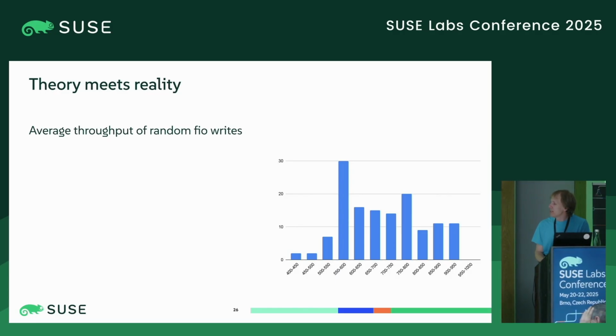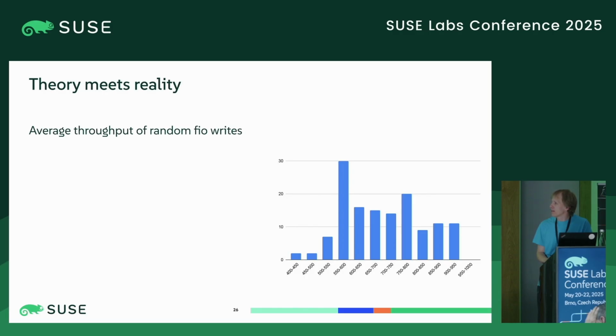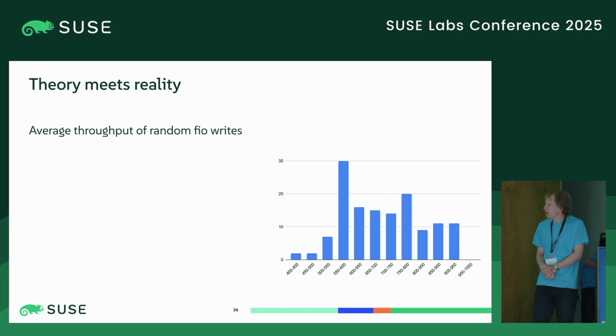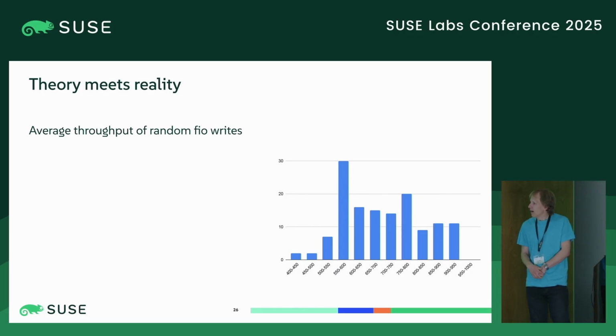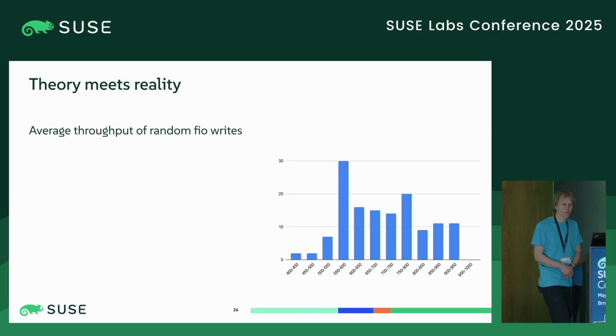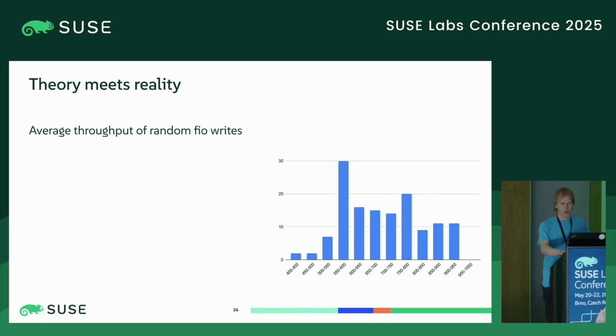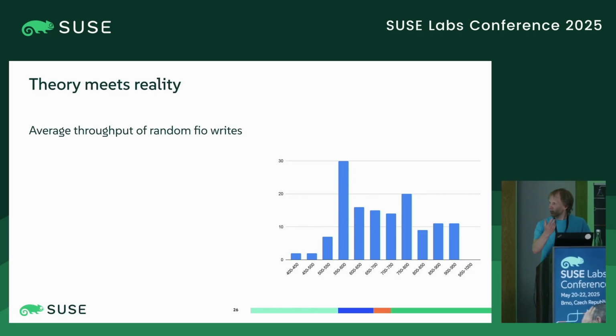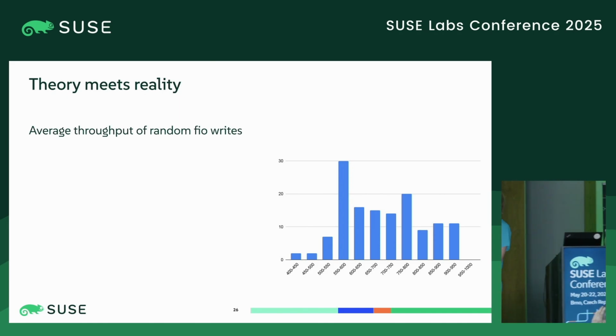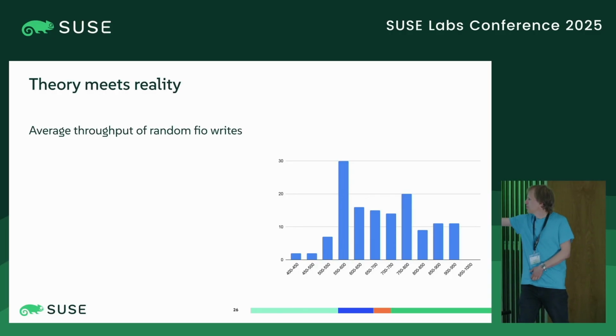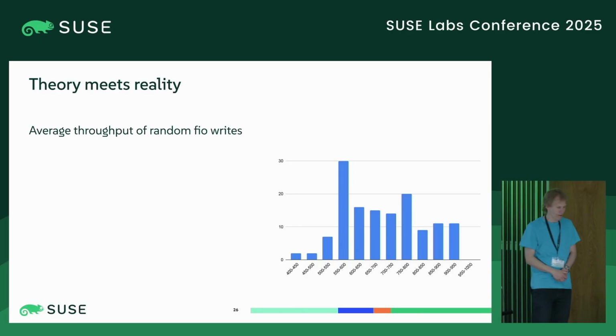So for example, here you have average throughput numbers as output by FIO, doing random writes to some hard drive. And this is the histogram of the throughput numbers we were getting. And it doesn't look quite like a normal distribution. It's a bit shifted to the left, and the tail here is kind of heavy.